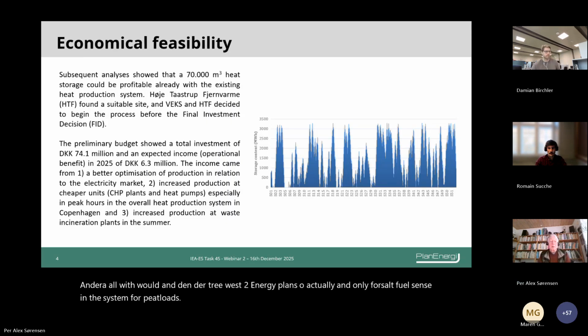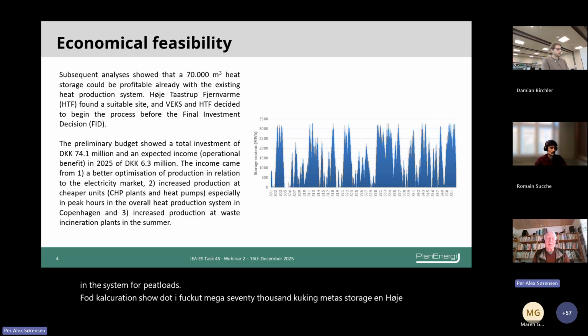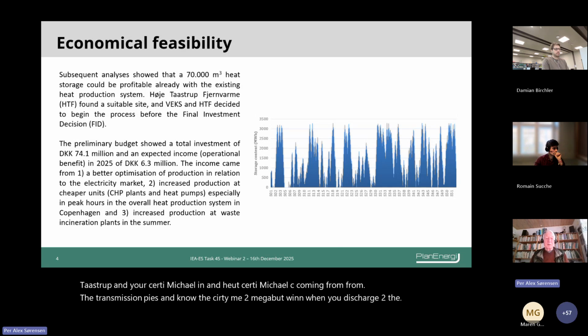So further calculations showed that if you could make a 70,000 cubic meters storage in Høje-Taastrup, and you could have 30 megawatts in and out, 30 megawatt coming from the transmission pipes, and another 30 megawatt when you discharge to the distribution system.